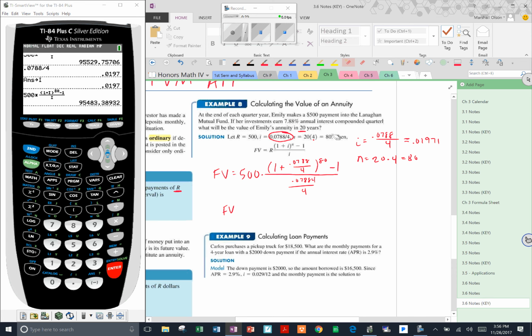That's kind of an interesting mistake to make there, though, that had that big of an impact. So that future value is going to be 95,483.39, making $500 4 times a year at 7.88% interest for 20 years.